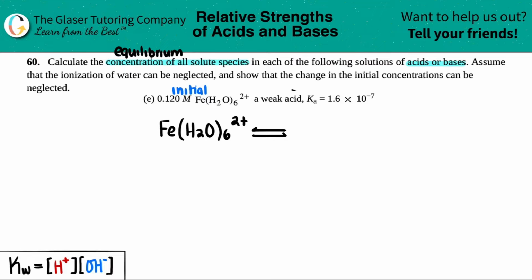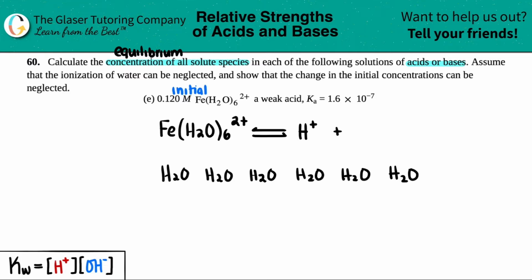And I know that by definition, a weak acid has to give off one H+. That's without fail. But now the hard part is figuring out how to write this out. Well, keep in mind that you have 6 H2Os. So here's 1, 2, 3, 4, 5, and 6.